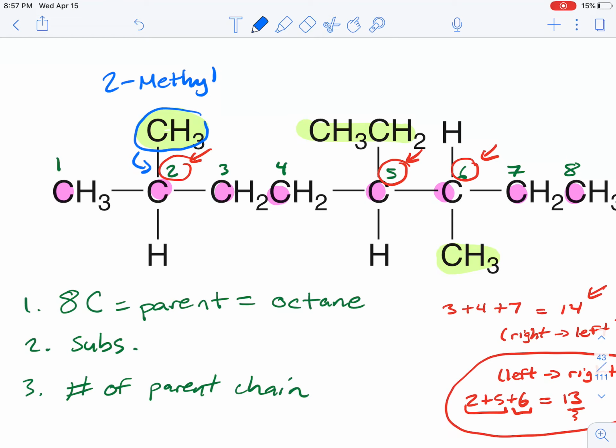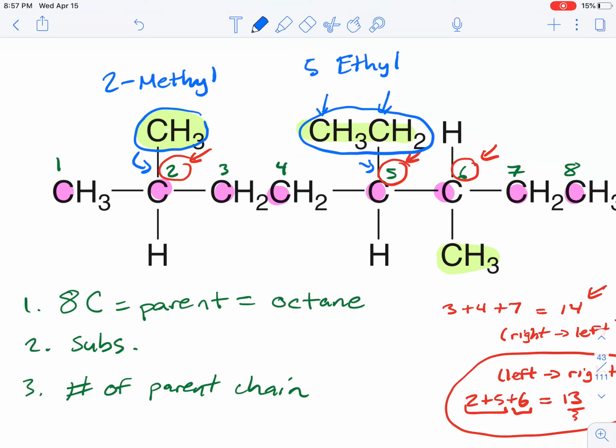Now if you look at this substituent, I have 2 carbons, so 2 carbons means eth, or ethyl since it's a substituent, and it's on carbon 5.